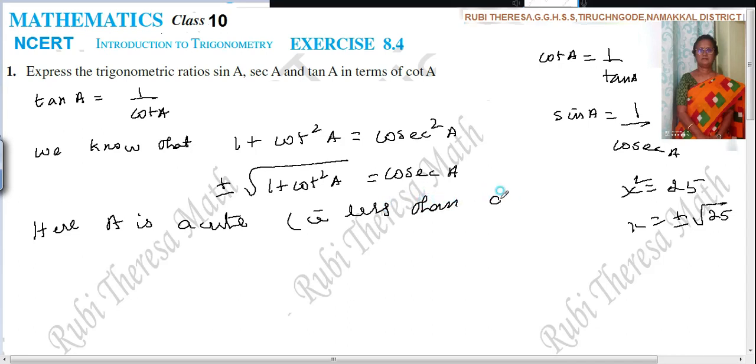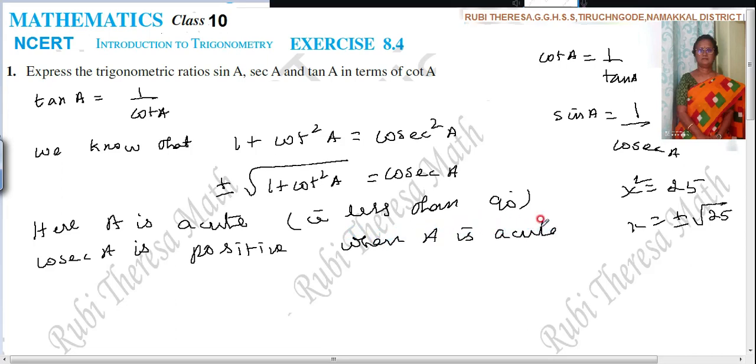Acute means less than 90 degree. So cosecant A is positive when A is acute. So cosecant A equal to root of 1 plus cot squared A.